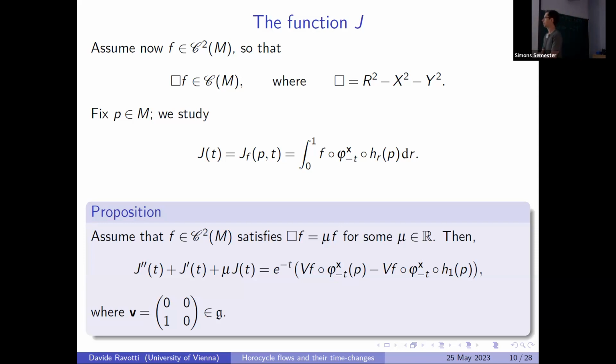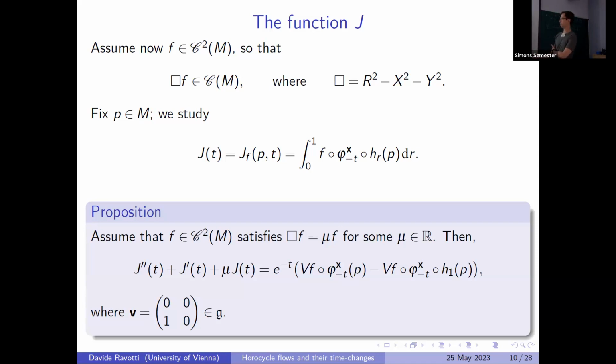And the key proposition tells you that for functions of this type, my function j satisfies an ordinary differential equation. If I take its second derivative plus its first derivative plus mu, being the eigenvalue, times the function j itself, this is going to be equal to e to the minus t times something.